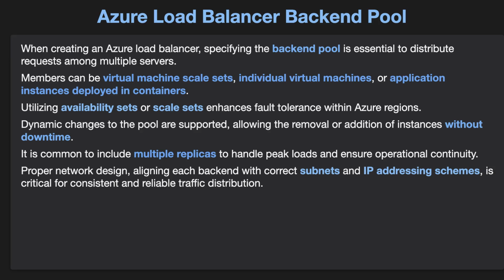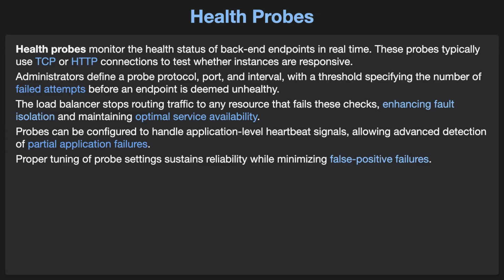Dynamic changes to the pool are supported, allowing the removal or addition of instances without downtime. It is common to include multiple replicas to handle peak loads and ensure operational continuity. Proper network design, aligning each backend with correct subnets and IP addressing schemes, is critical for consistent and reliable traffic distribution.